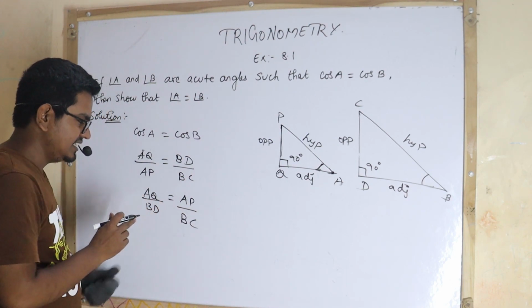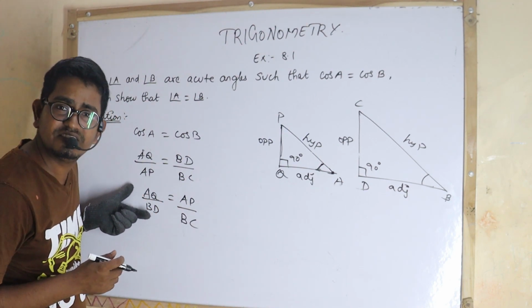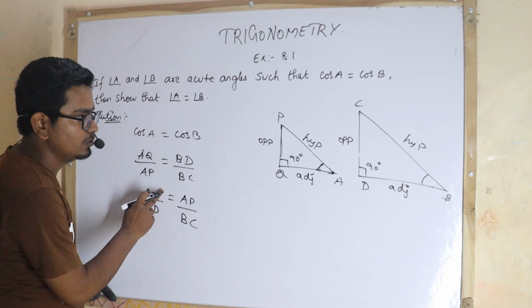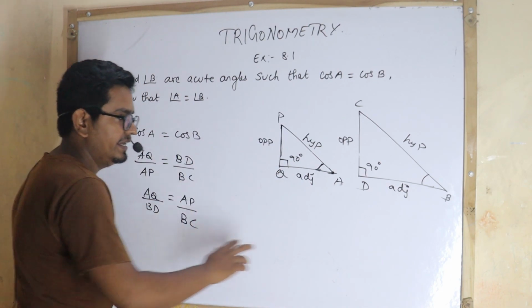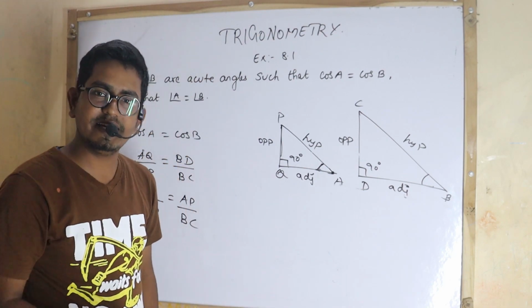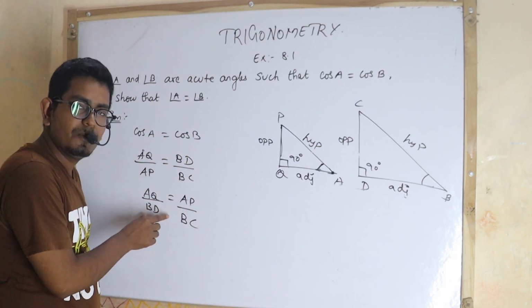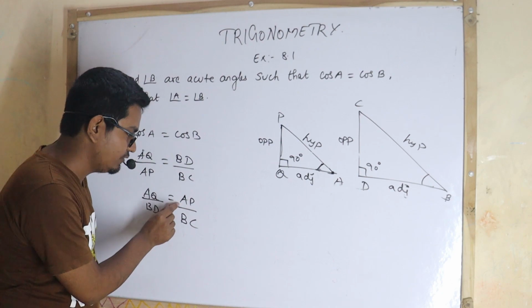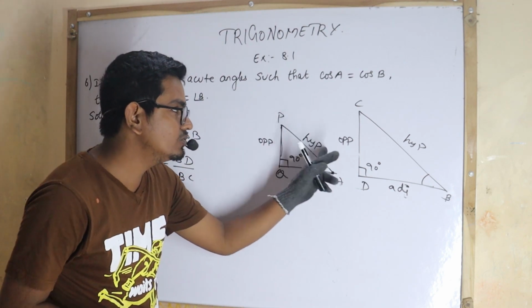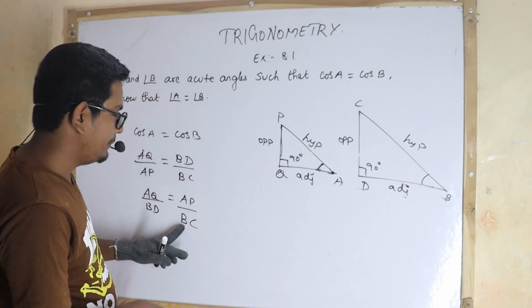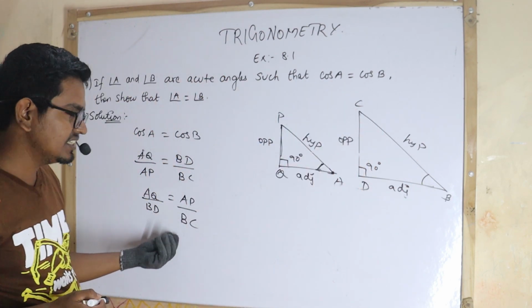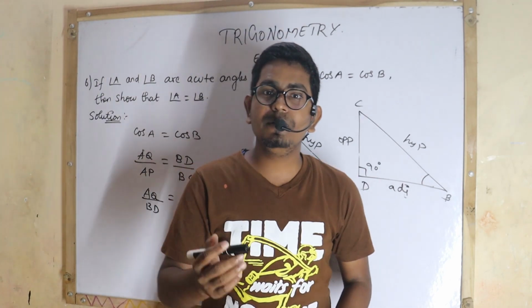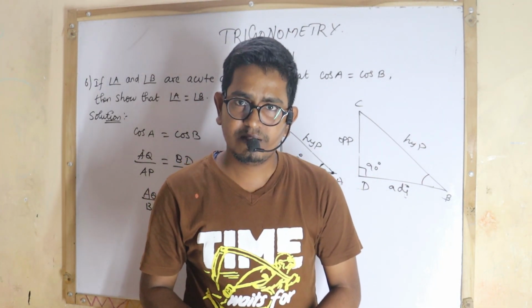Now just see this expression. AQ is the adjacent side of one triangle upon BD, the adjacent side of the other triangle. So the adjacent side of one triangle upon the adjacent side of the other triangle is equal to AP, the hypotenuse of one triangle, upon the hypotenuse of the other triangle. If the condition is like this, that means the triangles given to us are similar, right?